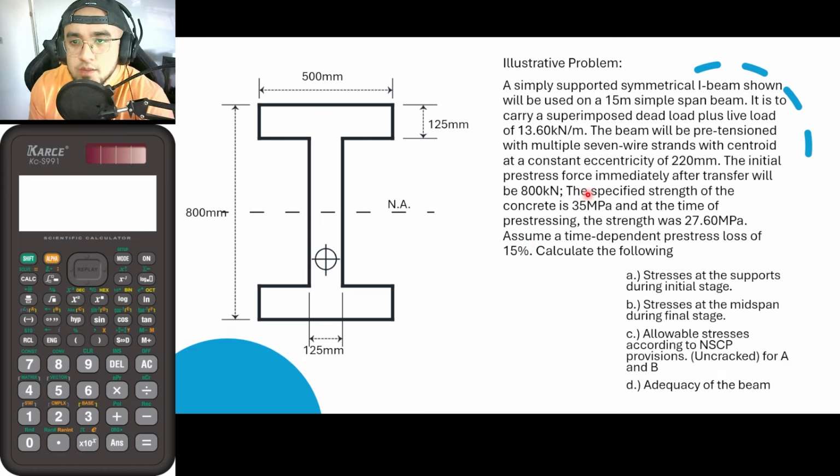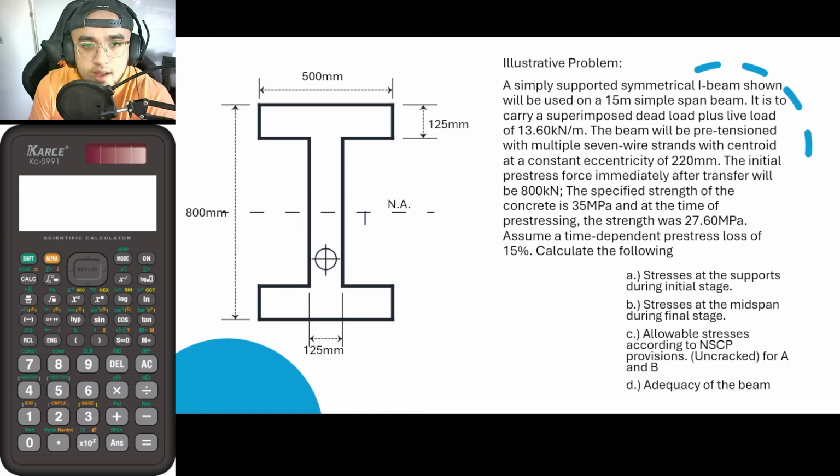So in this problem, it is stated that the pre-stressing tendon would now be having a constant eccentricity of 220 mm. So what is the eccentricity? When we say eccentricity, that is the distance from the neutral axis up until the pre-stressing tendons.